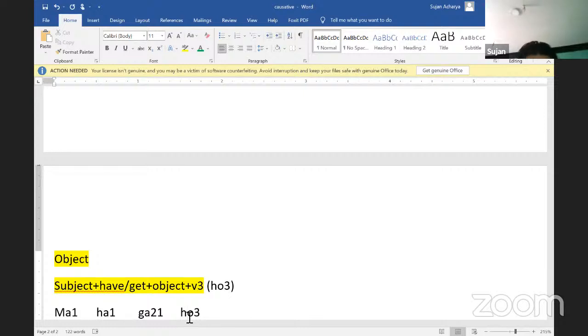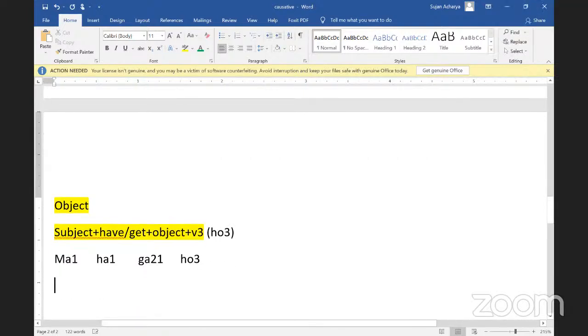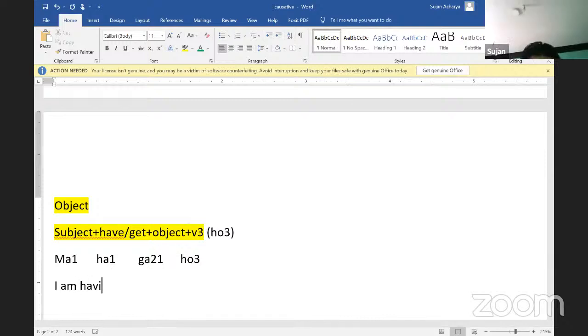Example, I am having my car repaired. My car is the object, and am having is a form of the have verb.